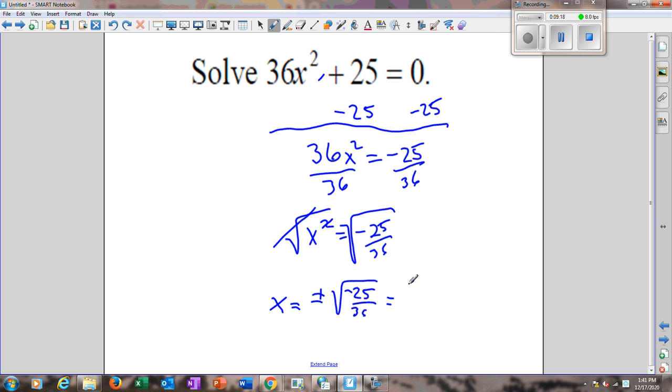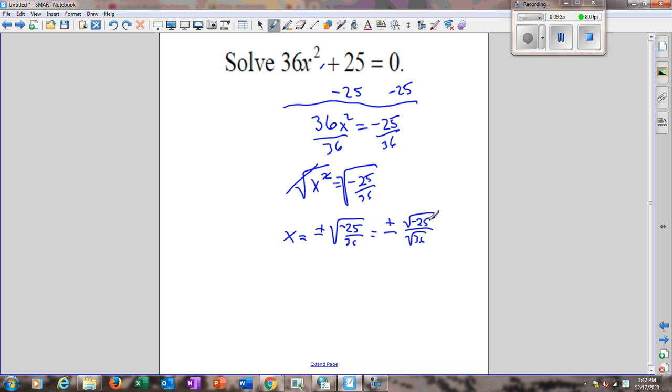Because there's a negative inside of there, it tells me that an i is going to come out in front. And I can take the square root of the top and the square root of the bottom. 25 is a perfect square. It's 5 times 5. And it's a negative 25. So that gives me plus or minus 25i. I'm sorry, 5i.